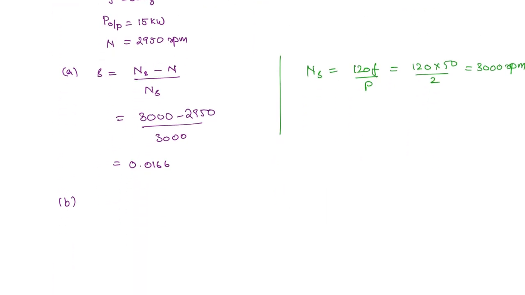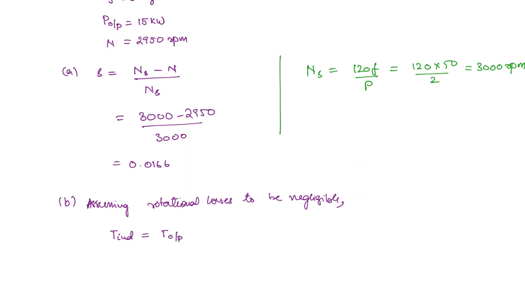So, assuming rotational losses to be negligible, we get the induced torque T equal to the output torque T, and from the output torque you can find out, because the output power is given, divided by the actual speed omega.